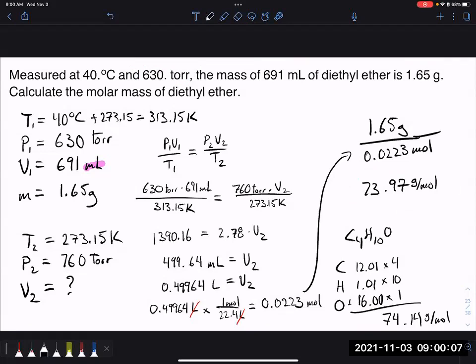I'm going to pull back another concept that we've covered before. We can calculate our percent error because we know our value from the periodic table and we know our experimental value. So the theoretical value of 74.14 minus 73.97, our calculated or experimental value, divided by 74.14, then multiplied by 100, gives us our percent error.